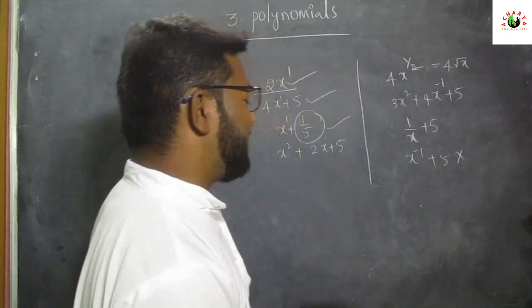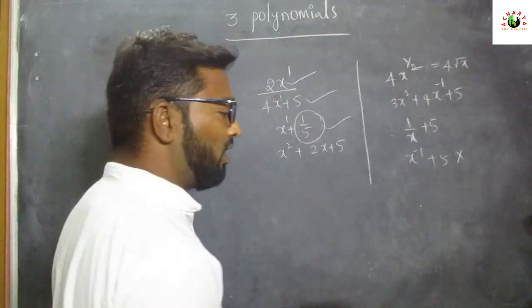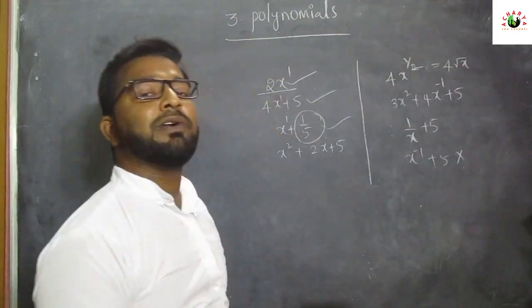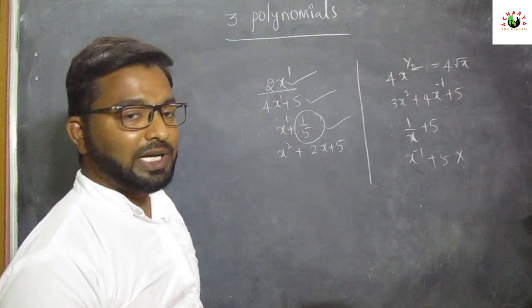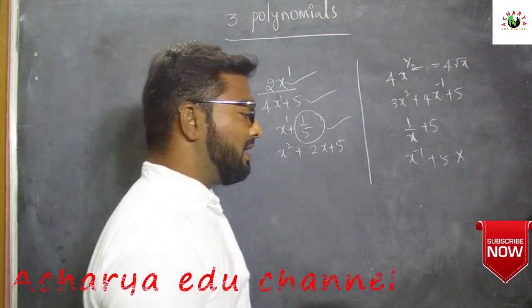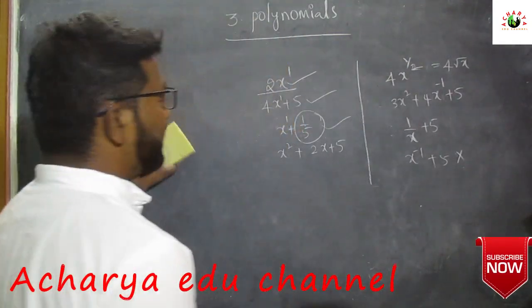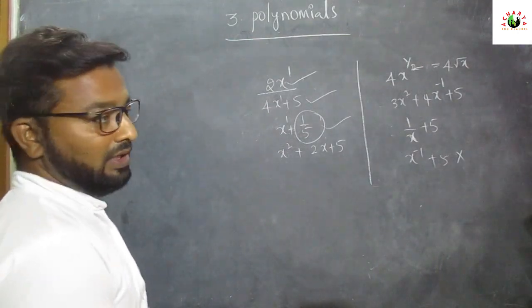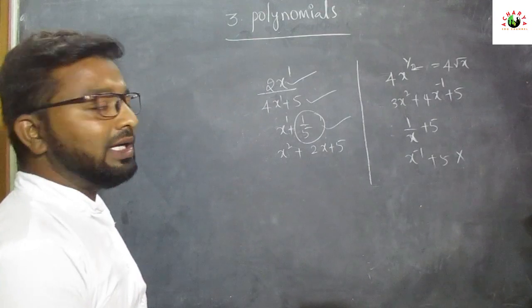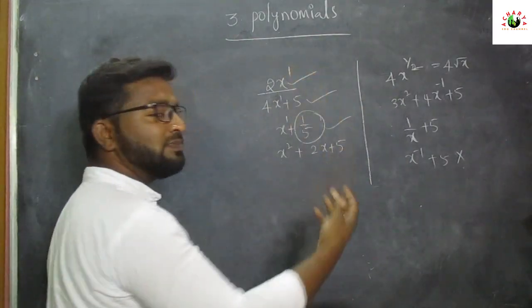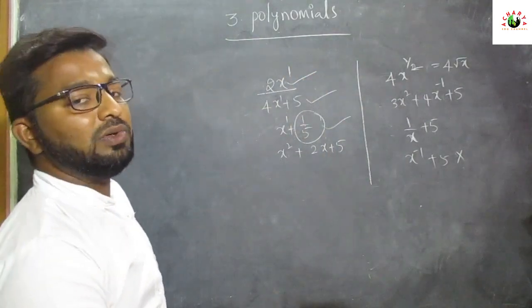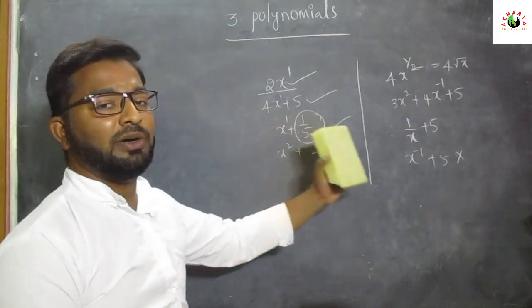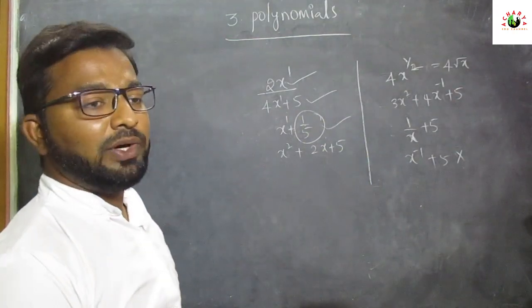An algebraic expression which has non-negative integral powers of the variable is called a polynomial. Like that we have to identify which is a polynomial and which is not.